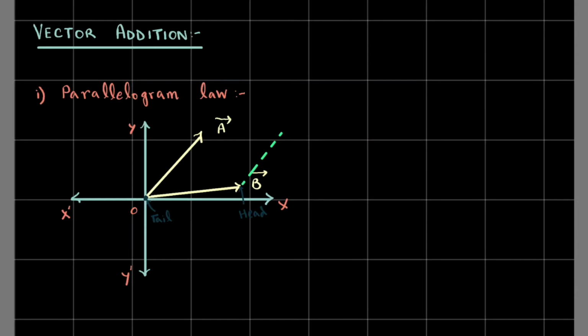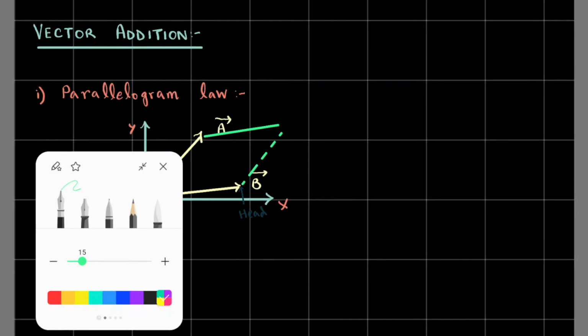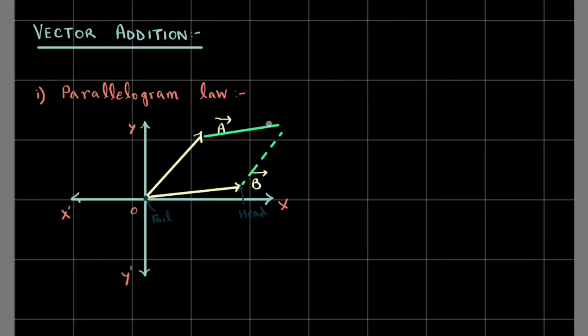Okay, and I'll make another side parallel to side B. That did not turn out right. Let me make another one. Yeah, that turned out right. Okay, and I'll make that a dotted line as well.